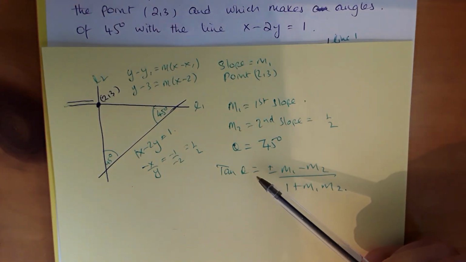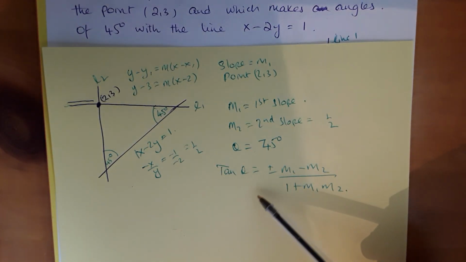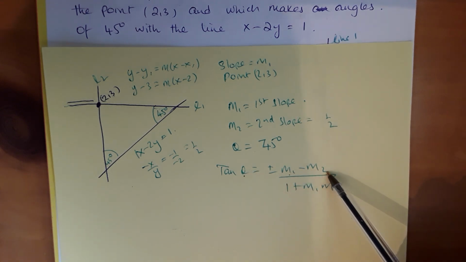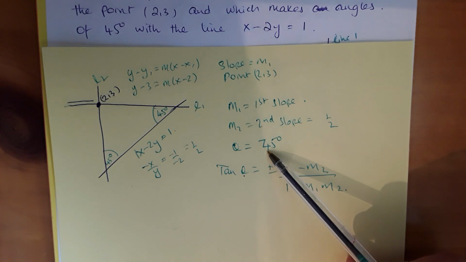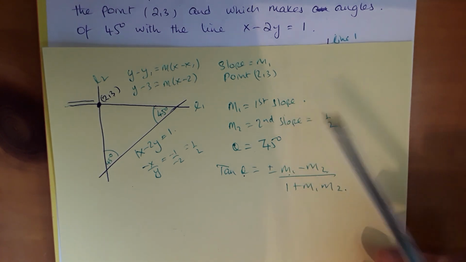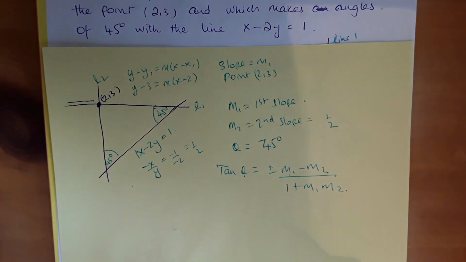I need three pieces of information: the angle, the first slope and the second slope. I know what my angle is, it's 45 degrees. I don't know the first slope m1, but I do know the second slope is a half.